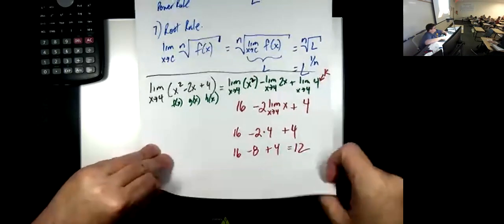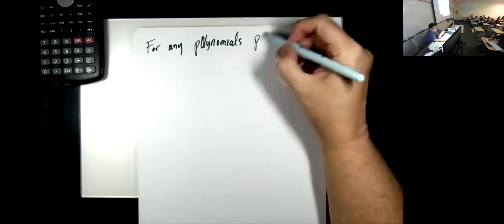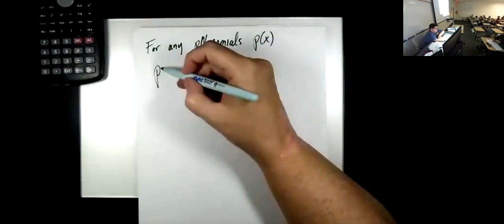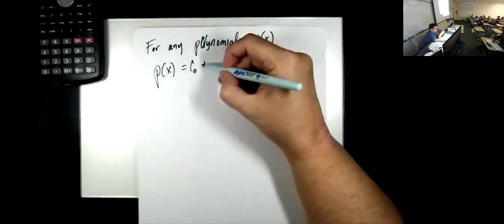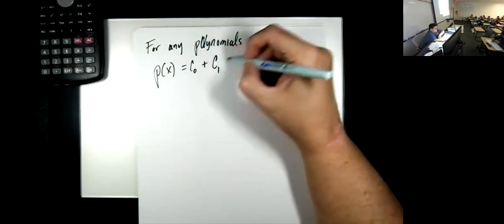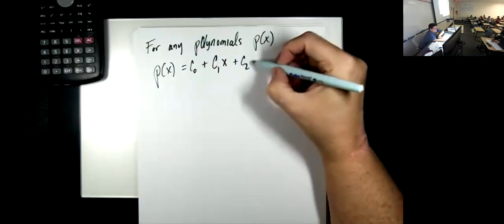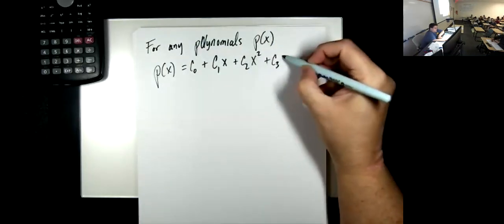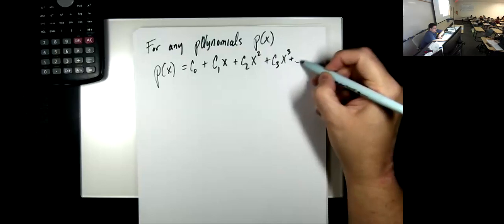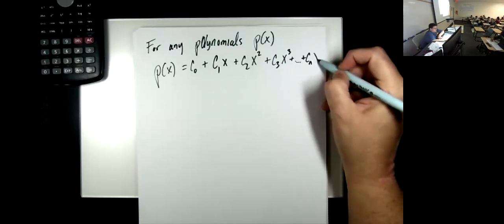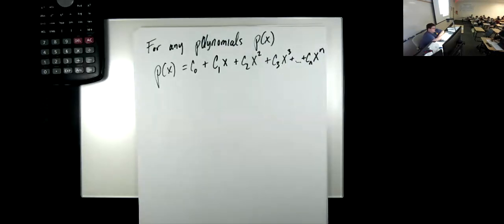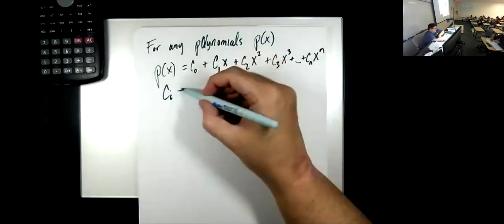Everyone ready for a little bit more? Okay. So if our function is a polynomial, and we tend to call polynomials p of x. If p of x equals c0, which is a number that's like our k, plus c1 times x, plus c2 times x squared, plus c3 times x cubed, plus dot, dot, dot, plus cn x to the n, where our c sub i values are all just coefficients.